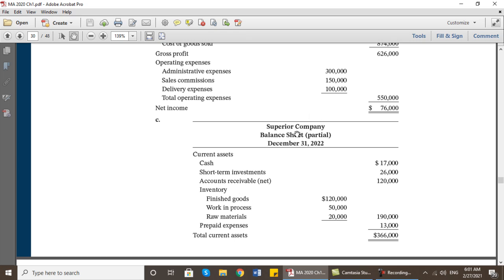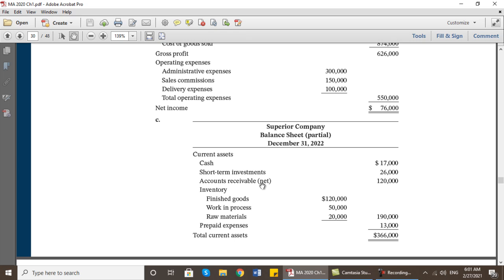C, to prepare a part of the balance sheet, the current assets of the company's balance sheet, because it's only the current assets. We begin with cash, as we learned in intermediate and in financial accounting. Cash, short-term investment, accounts receivable net.